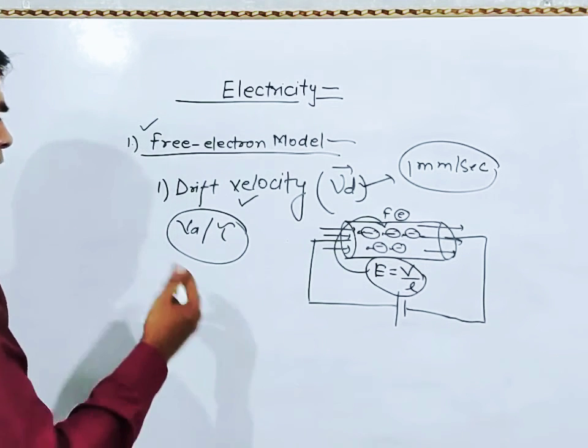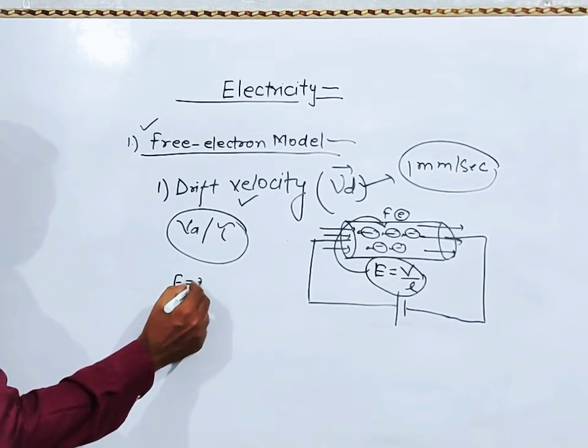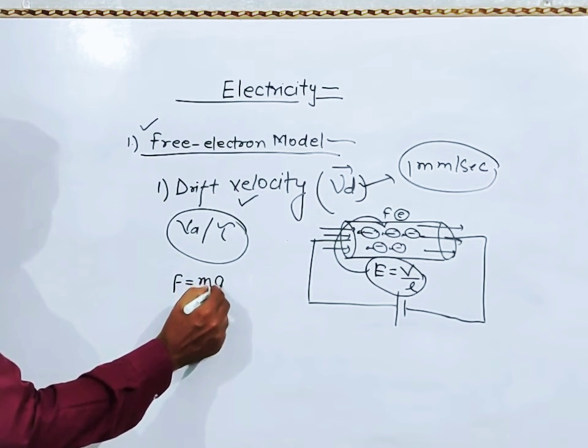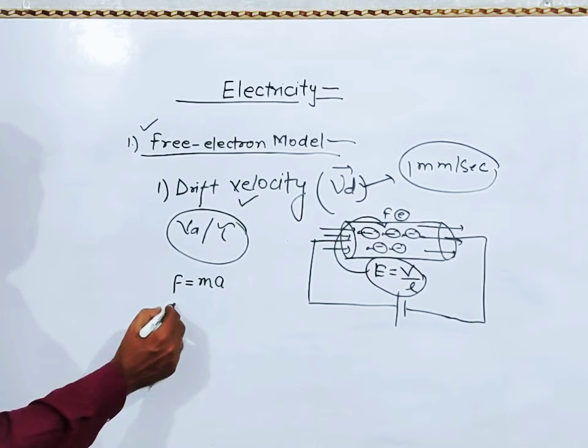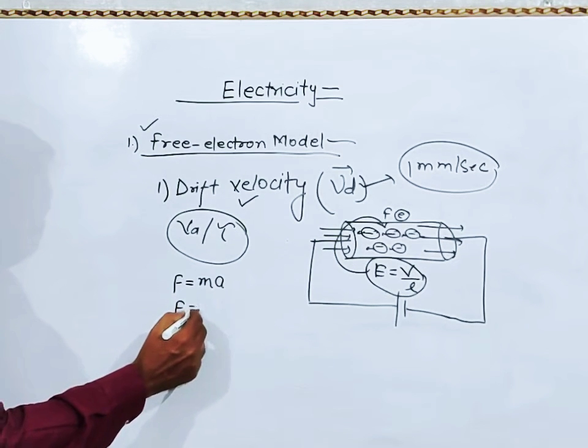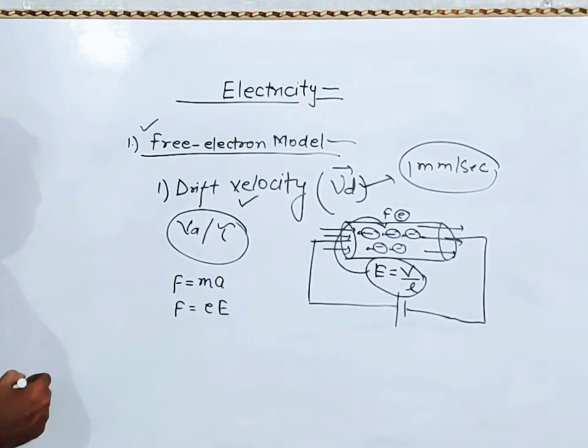So the force exerted by the electric field is given by what? F is equal to ma. Also we know that F is equal to qE, Q ही होते हैं.